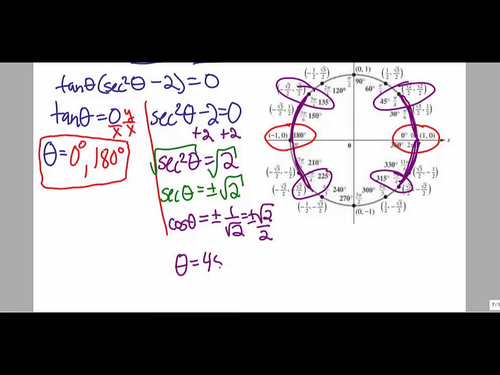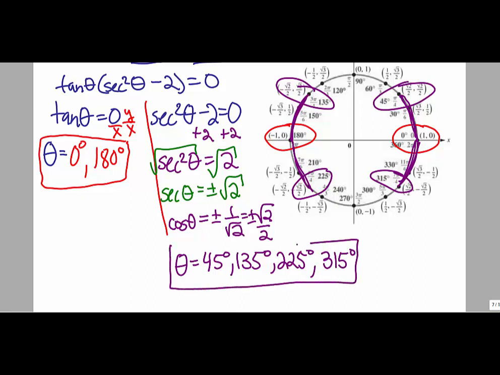So we actually end up with 4 solutions. And all of these have a secant value, either plus or minus square root of 2, and also a cosine value of plus or minus square root of 2 divided by 2. So we end up with actually 6 solutions from 0 to 360.